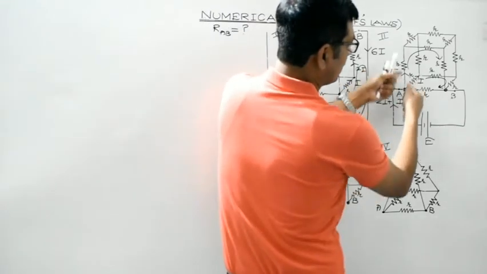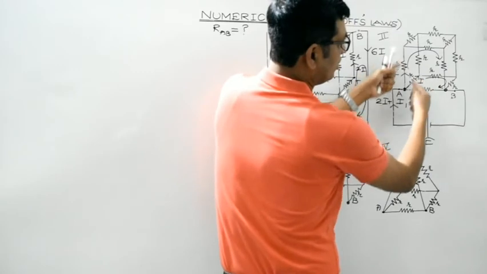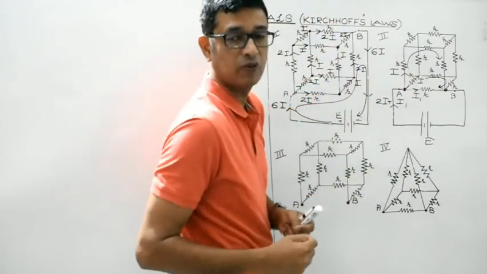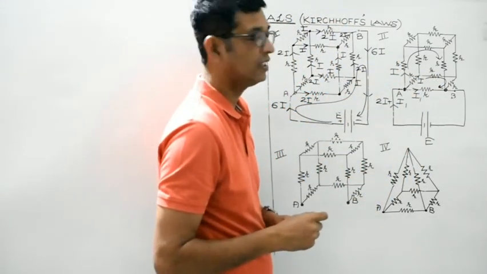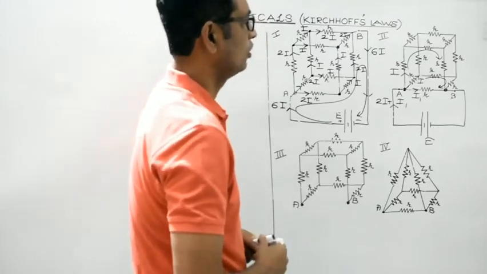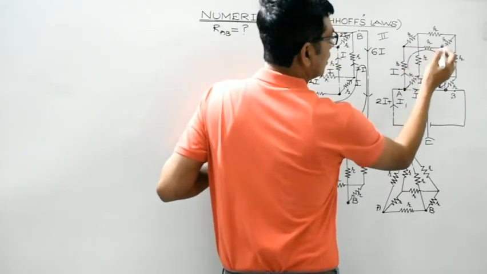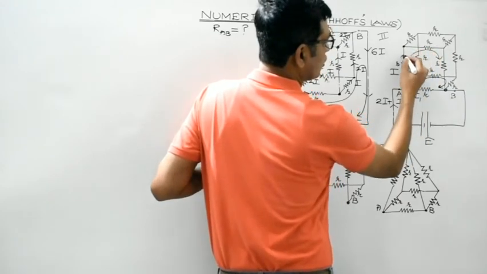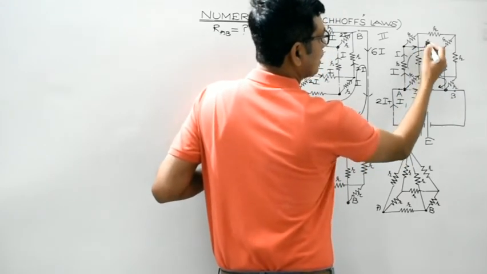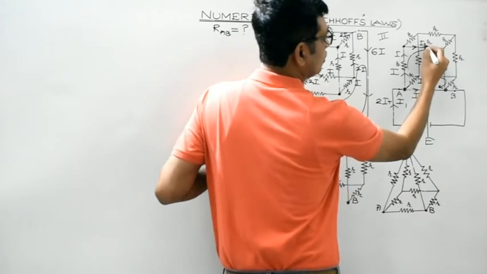These two being symmetrical portions, the same current must be flowing across each of these two portions, right? Now look, over here, suppose this point acts as a junction, current I is entering. Suppose current flowing is I2.